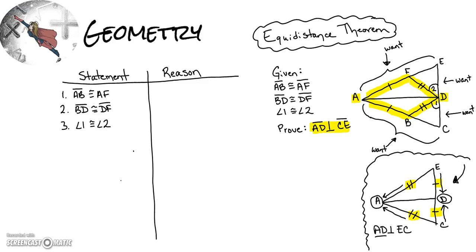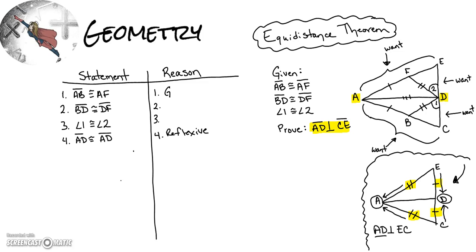I'm just going to unhighlight that so we don't have too much going on. We can definitely get those two triangles congruent because this is reflexive. So I'm going to include step 4, that AD is congruent to AD by the reflexive property. And I forgot to write given for the first 3 things, but that's what it would say.